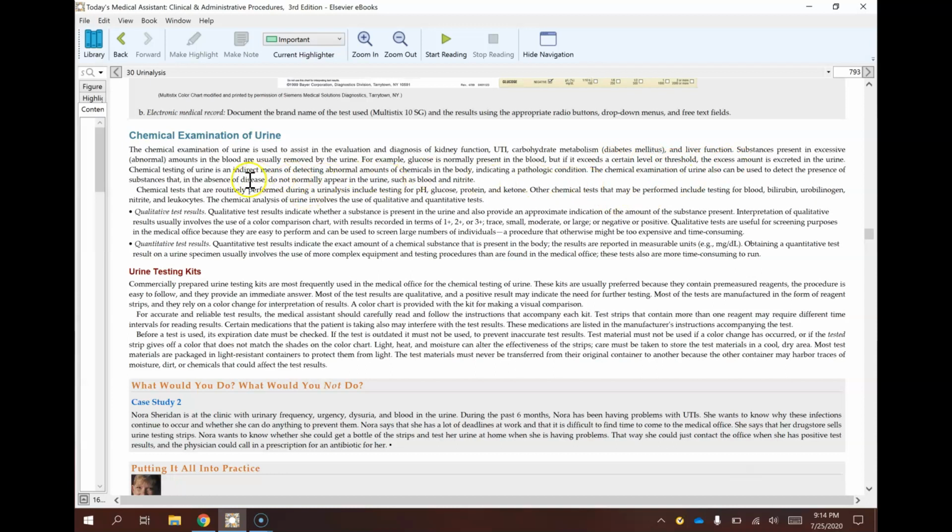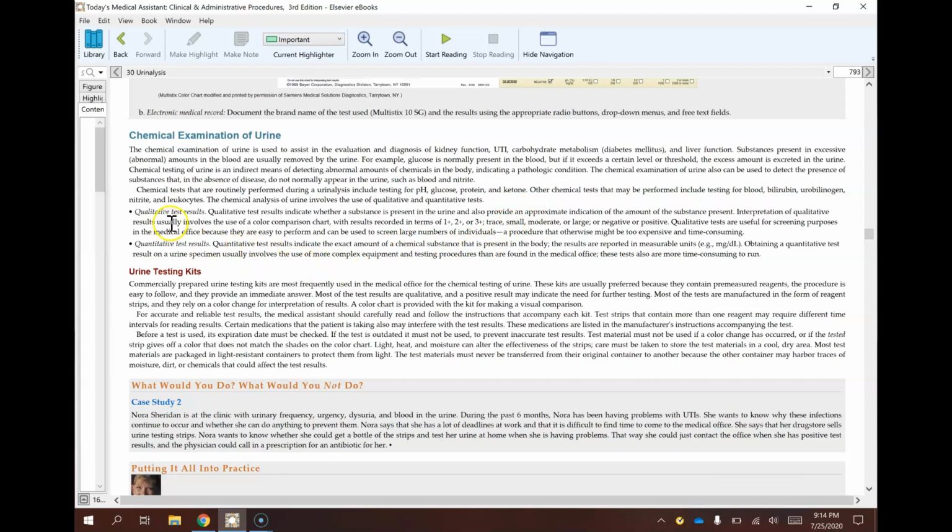Anytime there are abnormal amounts of things like blood in the urine, glucose in the urine, nitrite in the urine, it is an indication that something is not functioning right. Something is quote unquote wrong with that sample.